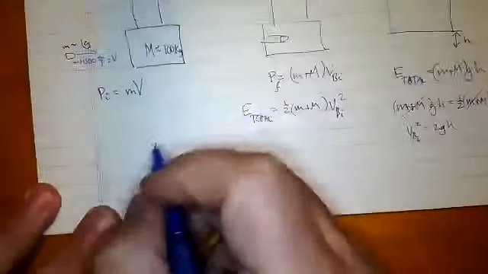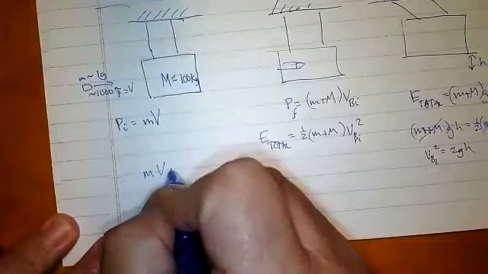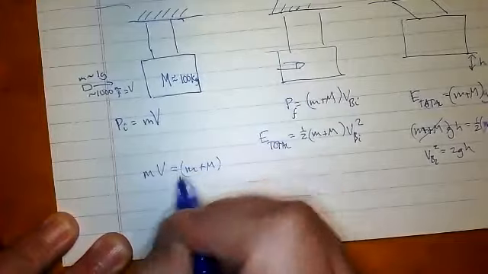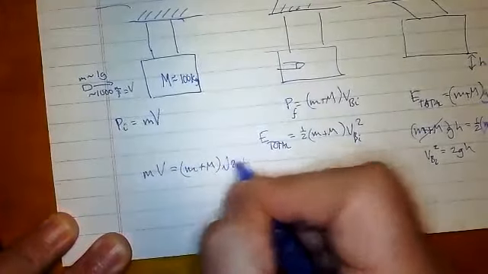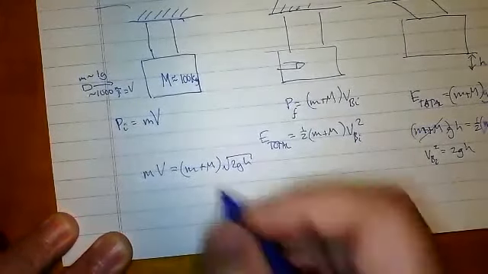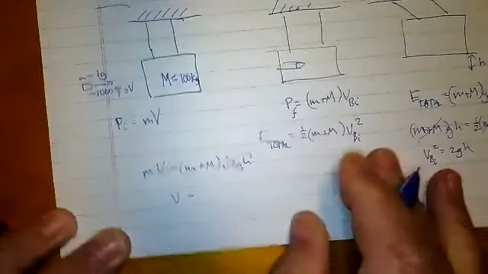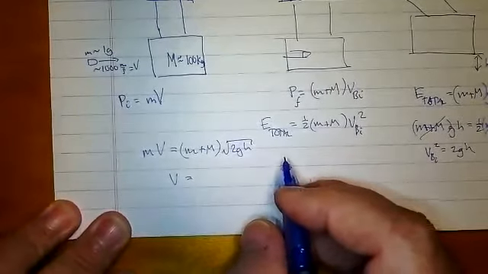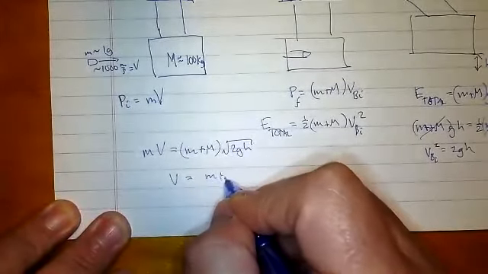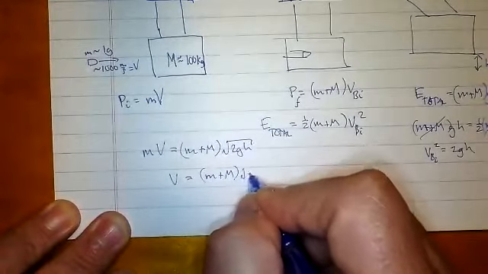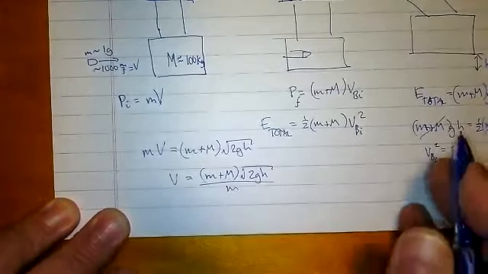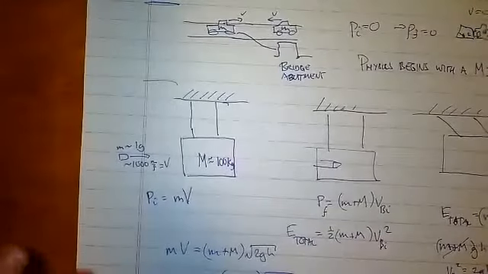And now I can use conservation of momentum to say that mV is equal to (m plus M) times the square root of 2gh. And finally, I can find out that the muzzle velocity of the round for that gun is in fact equal to (m plus M) times the square root of 2gh over the mass of the bullet. And that's actually how you solve a ballistic pendulum problem.